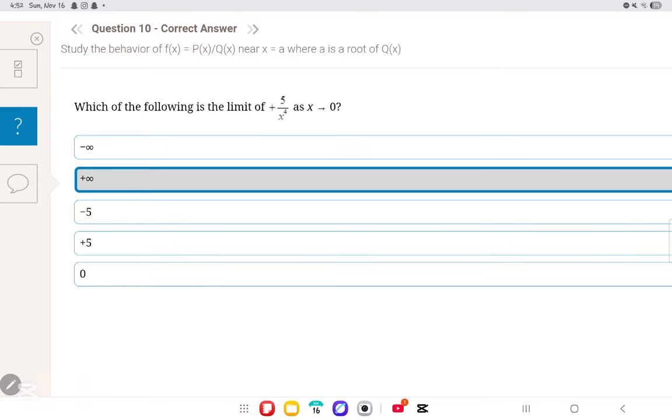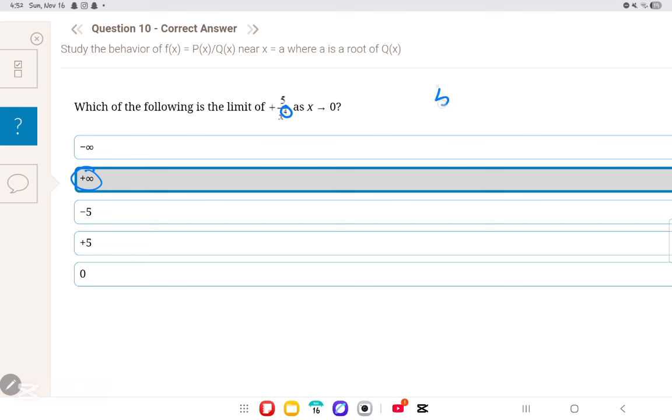Which of the following is the limit of plus 5 over x^4 as x approaches 0? Because it is an even exponent, if I put any number greater than 0 or any number less than 0, it will yield the same answer, which is plus infinity.